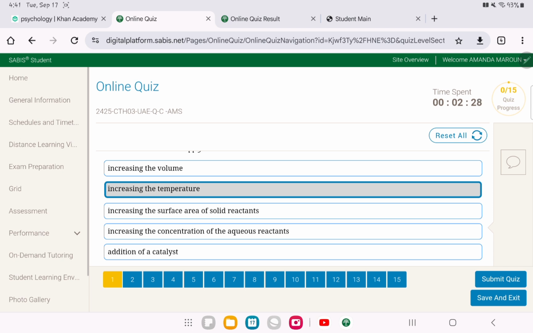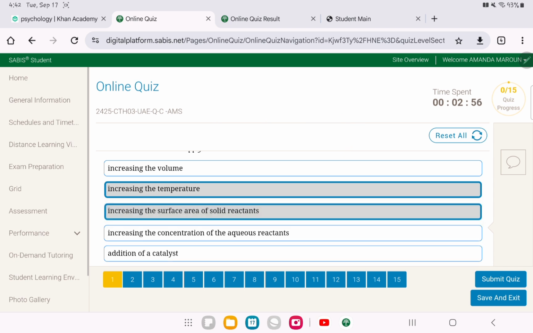So let me explain it in another way. For example, we have an object, okay? Let's say it's like this. This is the object. This object, it's gonna react slower than if it was a bunch of tinier particles of the object, okay?